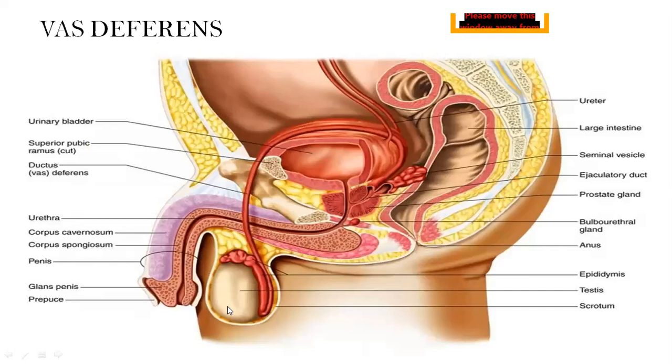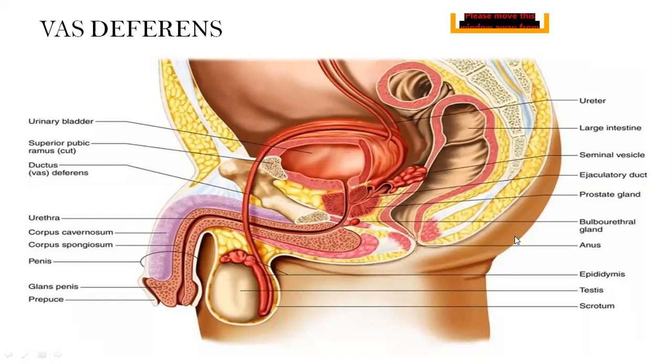Once you are done with testes, now let us see vas deferens. We have seen testis, we have seen epididymis: head, body, tail. The tail of epididymis continues as a long tube measuring 45 centimeters, as long as the spinal cord, as long as the thoracic duct. The name of this duct is vas deferens, also called ductus deferens.